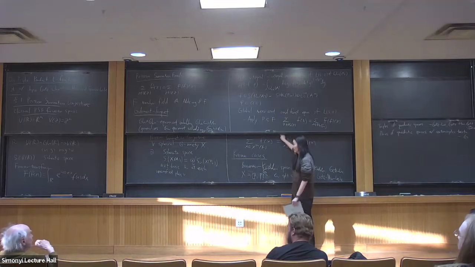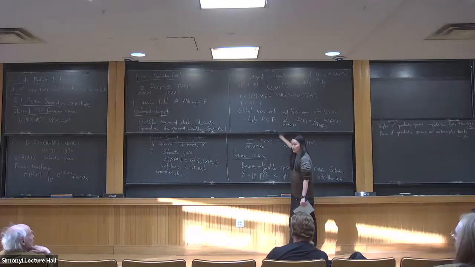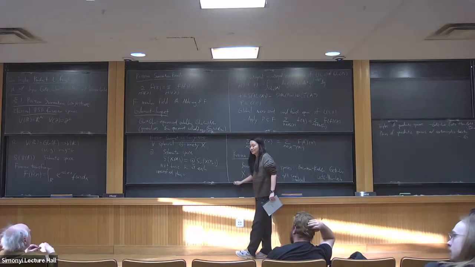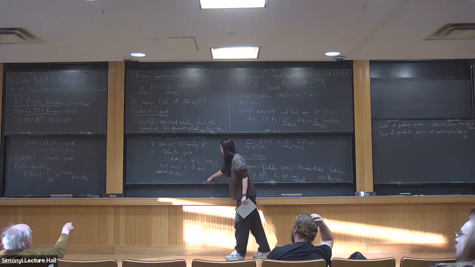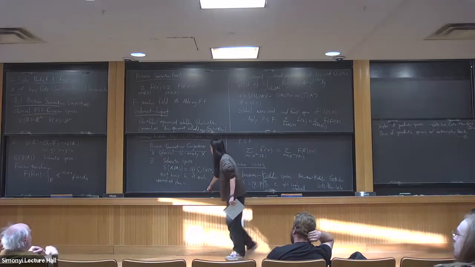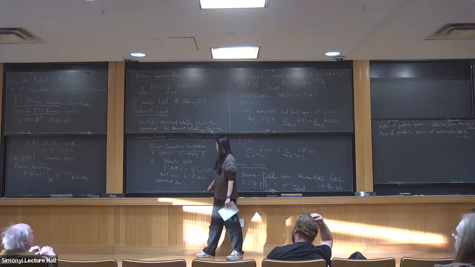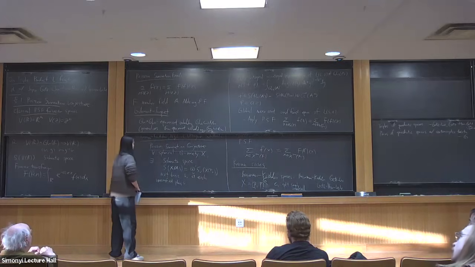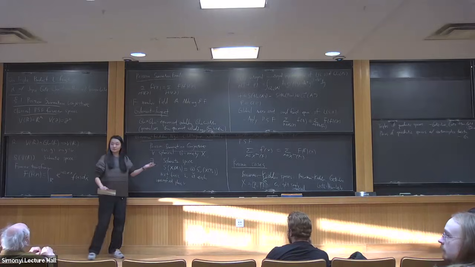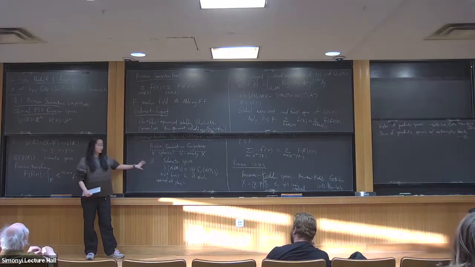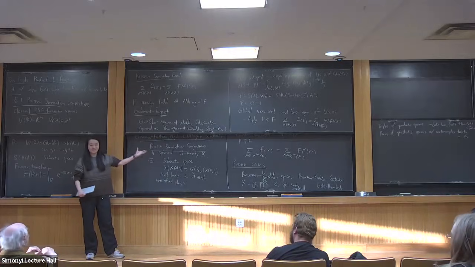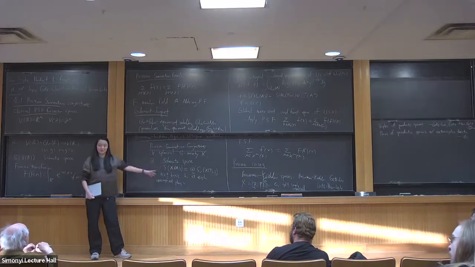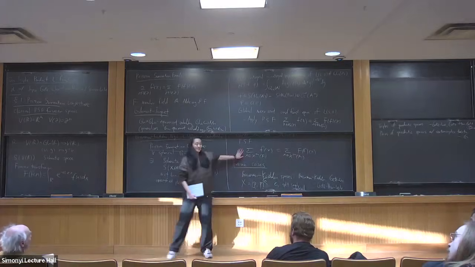But the definition of the Schwartz space is not obvious. Does the conjecture predict how to construct this Schwartz space? No. There's no prediction on what it is, but there should exist something with this property.